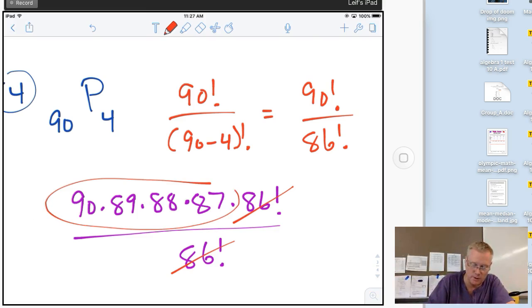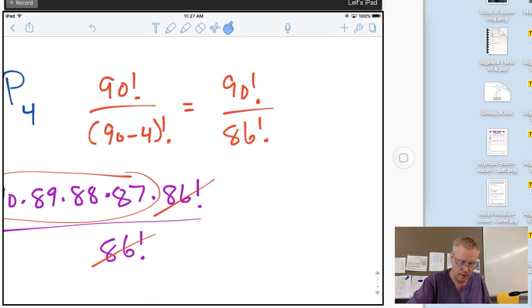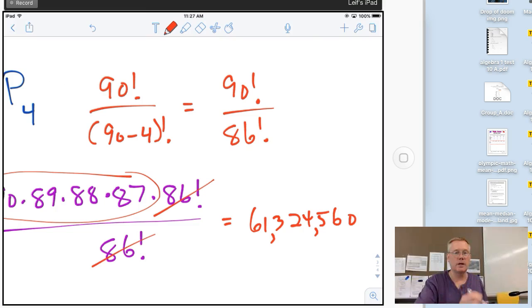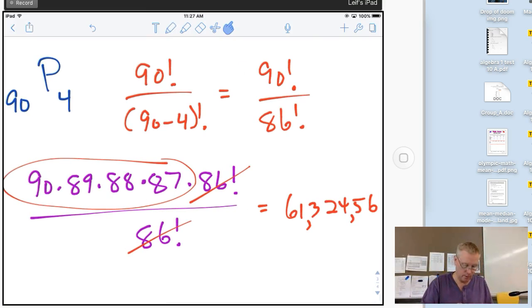Then I only have to multiply these 4 numbers together: 90 times 89 times 88 times 87. It's still a really big number, 61,324,560, which is in the 61 million category, but it saved me a lot of time and is much easier if you do it that way.